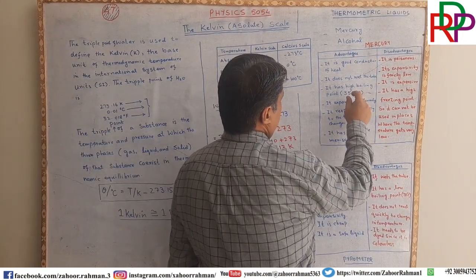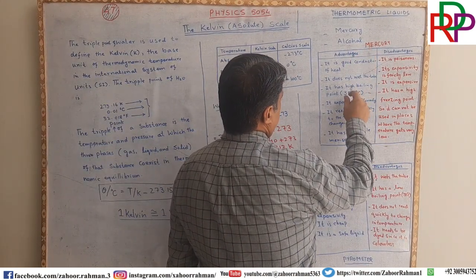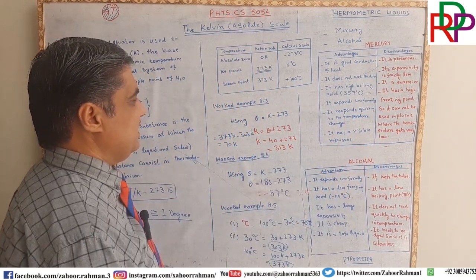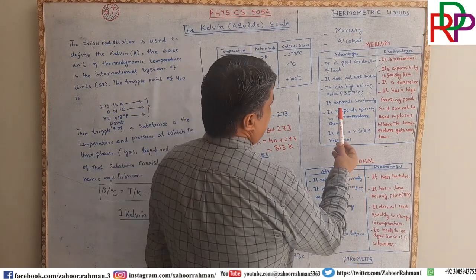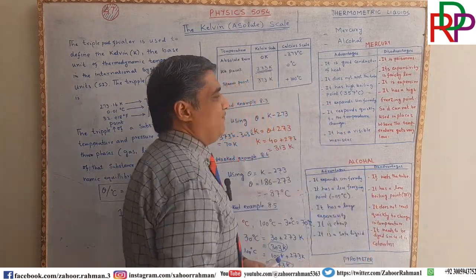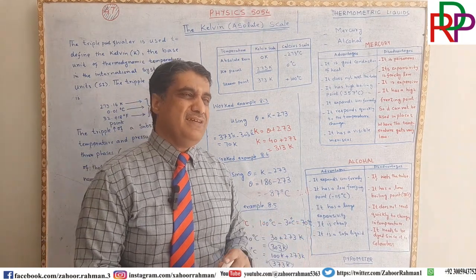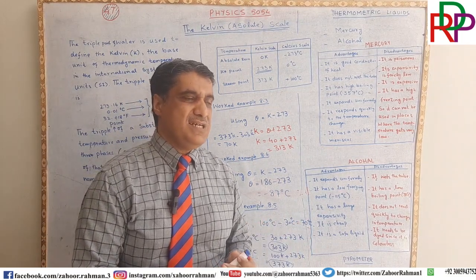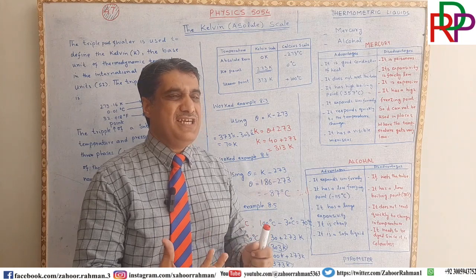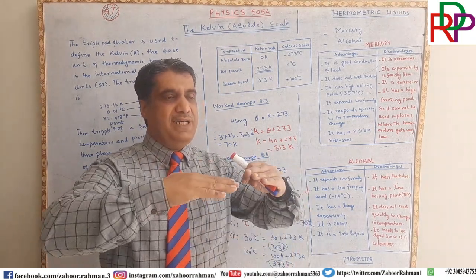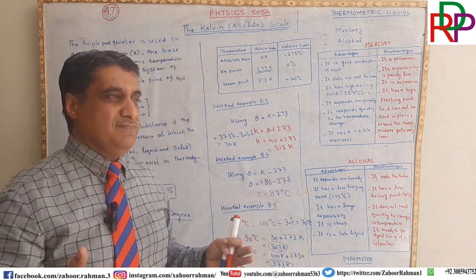So we can record the high temperature of 357 degrees Celsius on the thermometer which contains mercury. Okay, that is why we are using mercury. It expands uniformly. Ladies and gentlemen, why are we not using water? Because it is not expanding uniformly when heat is given. Heat will be absorbed by it, and it will not expand.